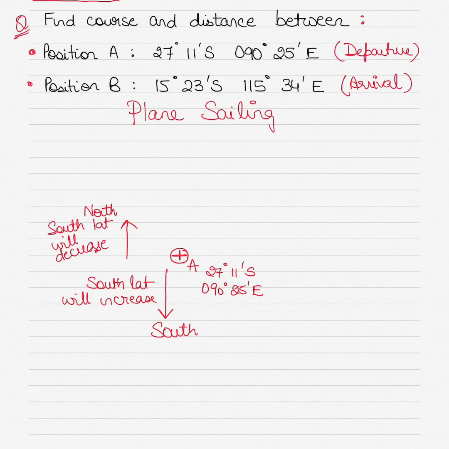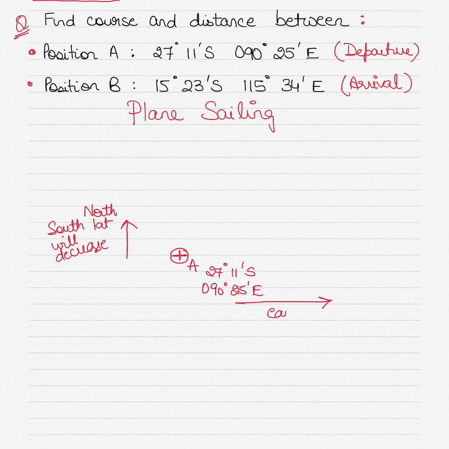And then you look at the longitude. So from 090 degrees 25 minutes east, you have to go to 115 degrees 34 minutes east. So your east longitude should be increasing, right? Your east longitude increases if you go eastward.